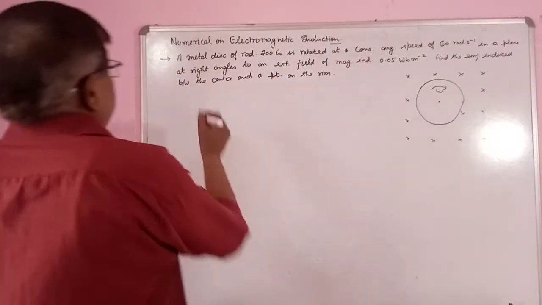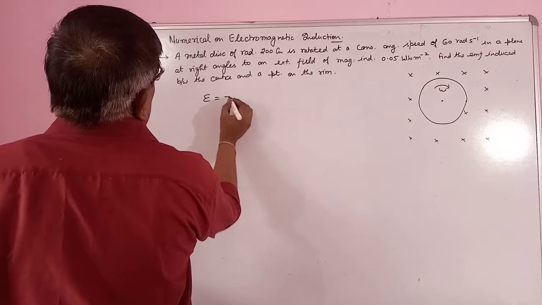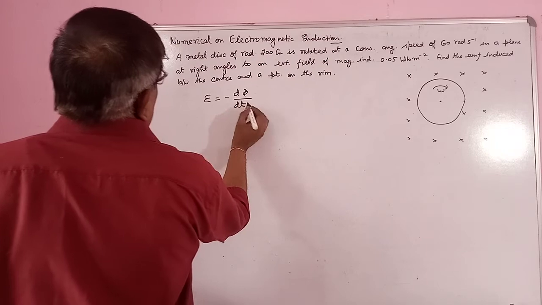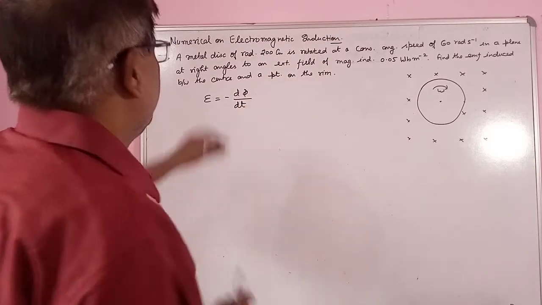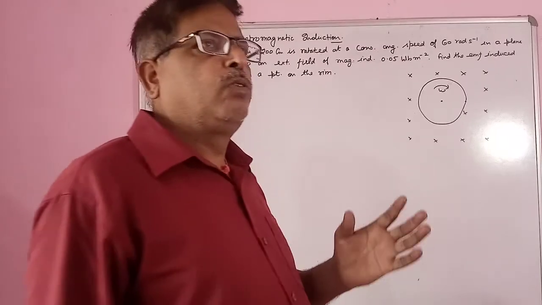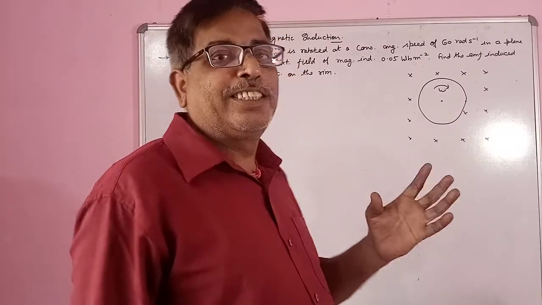So for EMF, the formula is E equal to minus d phi over dt. Here we have to find EMF, so it is not necessary to take the sign convention.